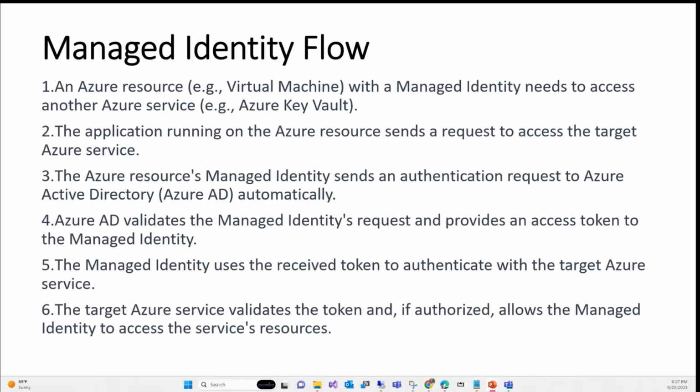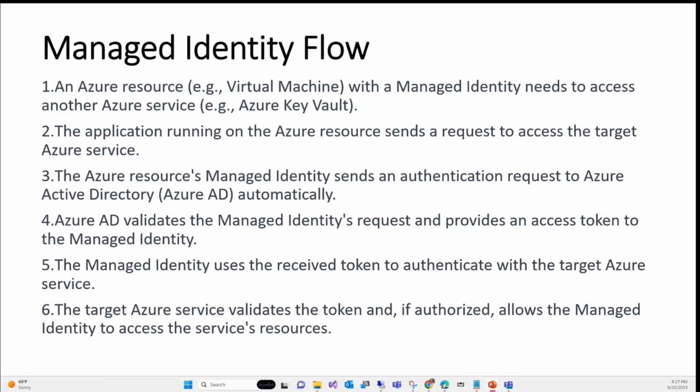All right. So that's the flow. There's not a lot of difference between the managed identity and the user managed identity flow. It's the same thing, but with a little text passing it in. You have the virtual machine that needs to access a service, for example Key Vault or Cosmos. The application runs on the resource and sends a request to the target Azure service.